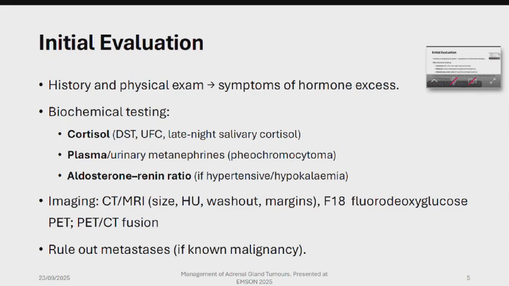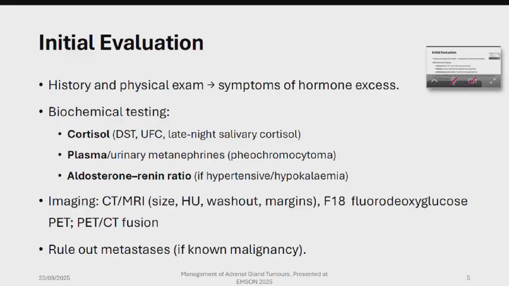We may need to measure the plasma or urinary metanephrine when we suspect this could be a pheochromocytoma, and we also need to measure aldosterone-renin ratio if we are thinking of a patient who has hypertension and hypokalemia. Most of the time we are thinking about an aldosterone that is elevated in this individual.